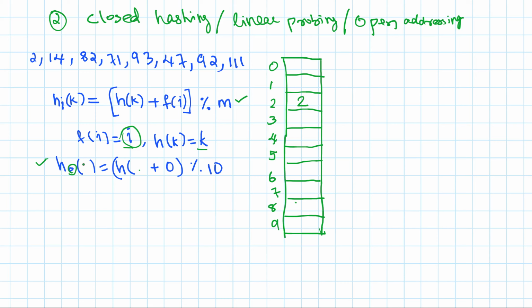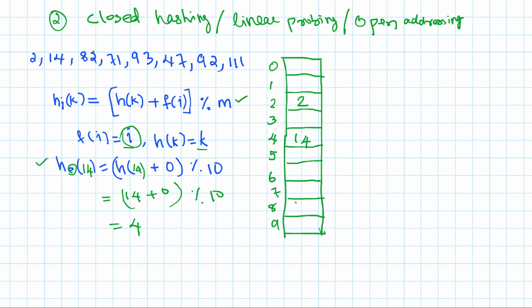So this will be h of 14 plus 0 again, because we are finding a space for 14 for the first time. So h of 14 plus 0 modulo 10, that will be 14 plus 0 modulo 10, that will be 4. So we'll be inserting 14 at the location 4.